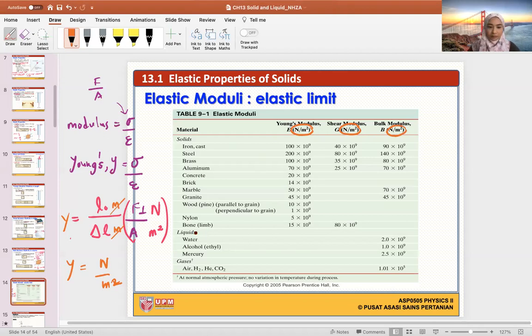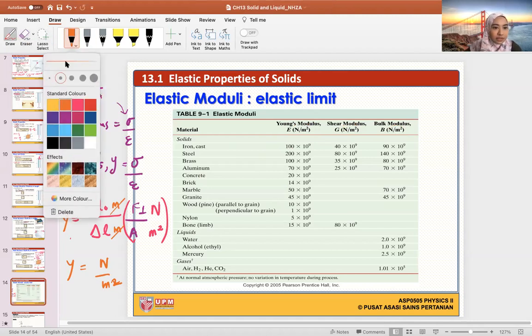And why is that? Can anyone tell me? Kenapa unit dorang sama? Kita tahu bulk is about volume elasticity, but why is the modulus Newton per meter squared? Any guesses? Salah tak apa? No guesses? Semua orang blur? Sebab pressure. Sebab pressure.